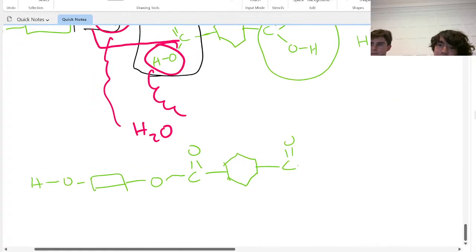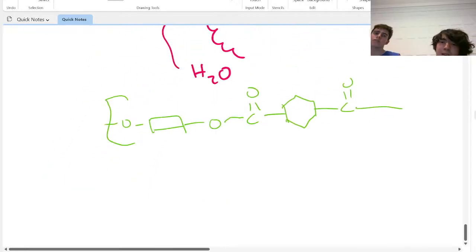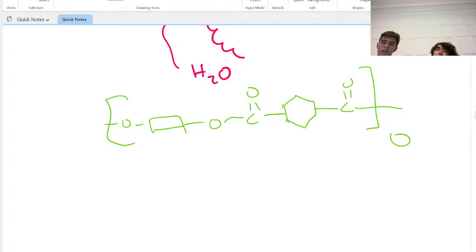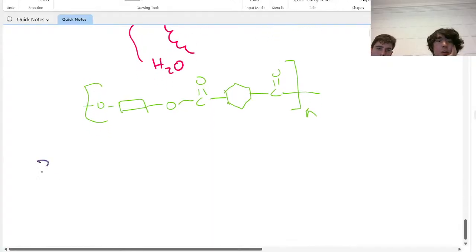So it's just going to infinitely repeat. Make sure with the repeating unit you include the carboxylic bit and the O bit on the left and the right. You don't just draw the box and the hexagon and then a line.